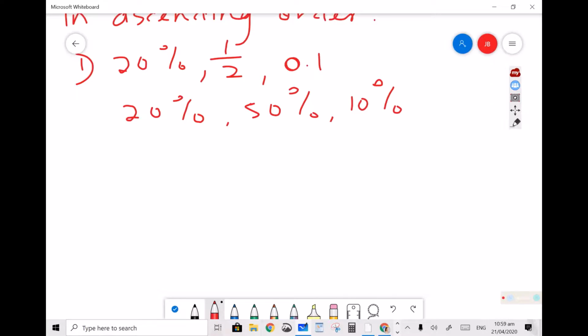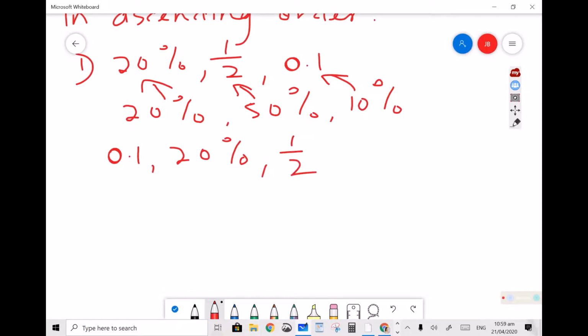And then from this, I would put it in order, right? So I would know that 10% is really 0.1, 50% is really a half, and 20% is obviously 20%. Okay, so therefore 0.1 would be first, then 20%, then a half.